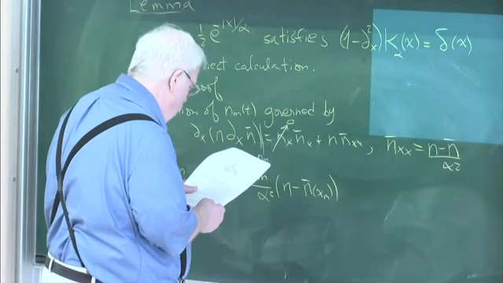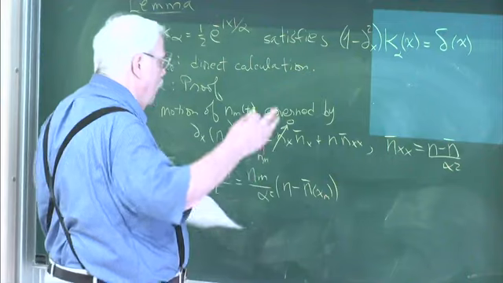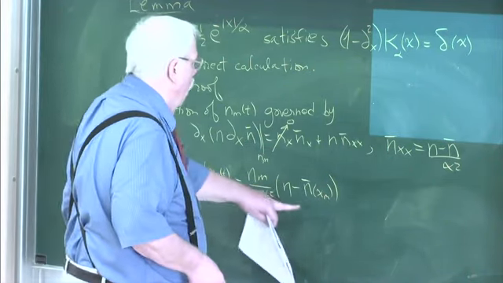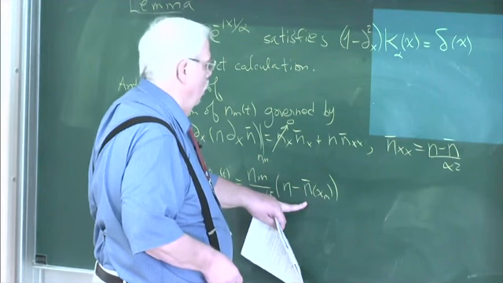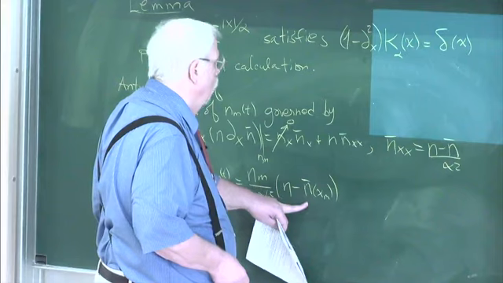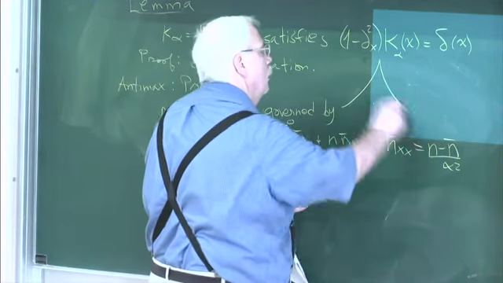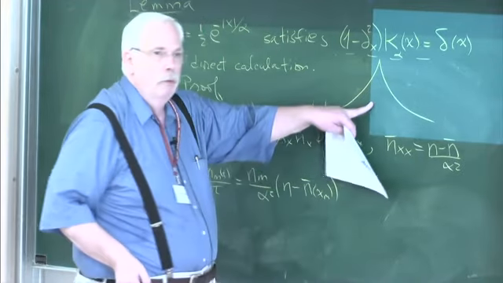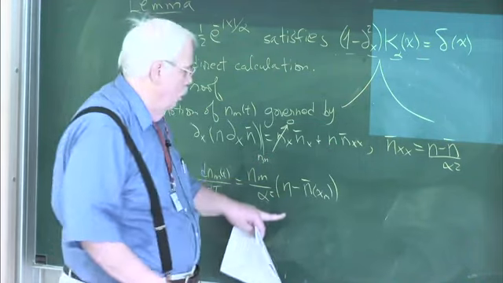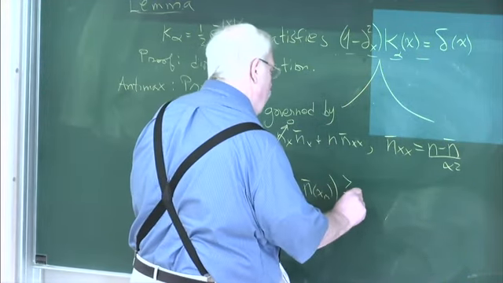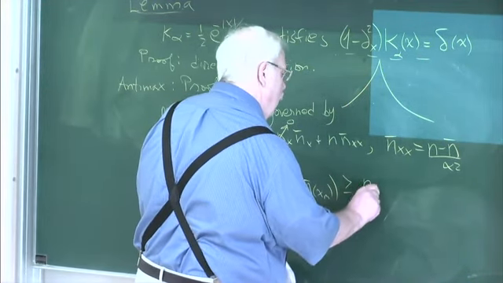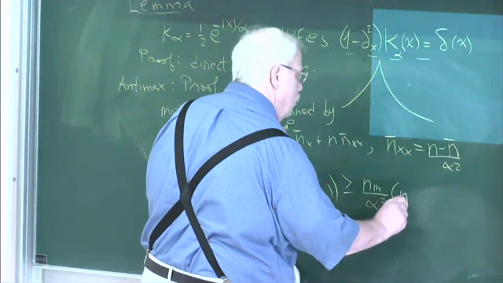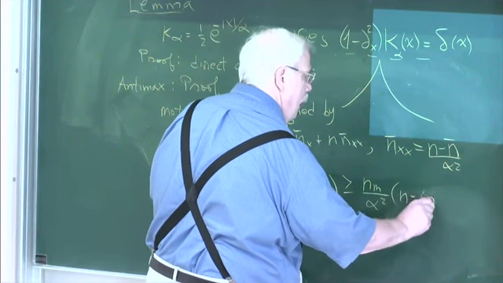Yes, n bar is less than the average, because the average averages over 1, and n bar is averaging over things that fall off and is smaller than 1. So this is greater than or equal to n_m over alpha squared times (n_m minus the average of n).